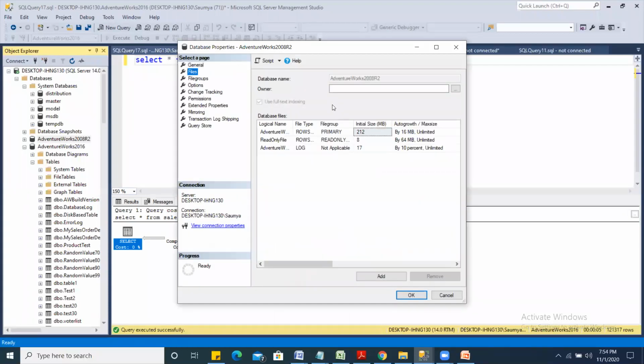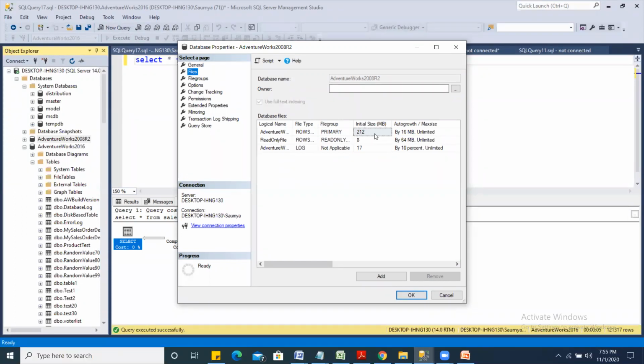Come to the files. You can see the first thing that you specify is the initial size, right? This initial size is assigned to a database while you create it. Whatever size you specify as the initial size, that space is allocated to the database in terms of extents.